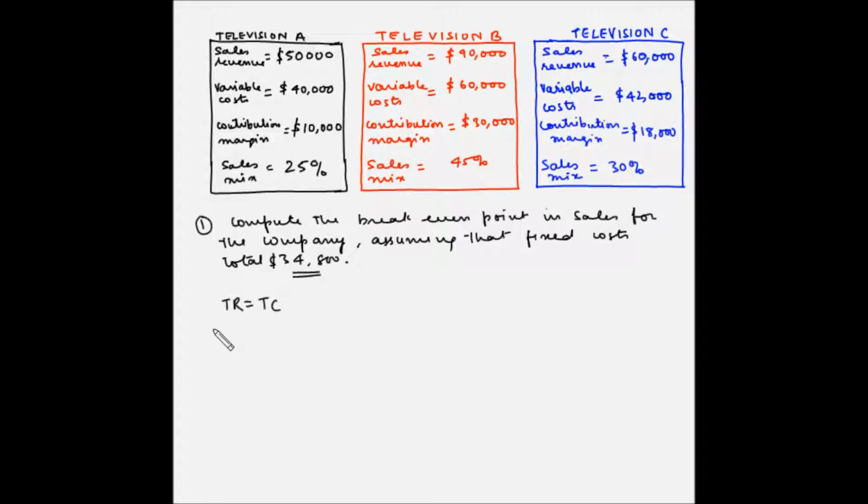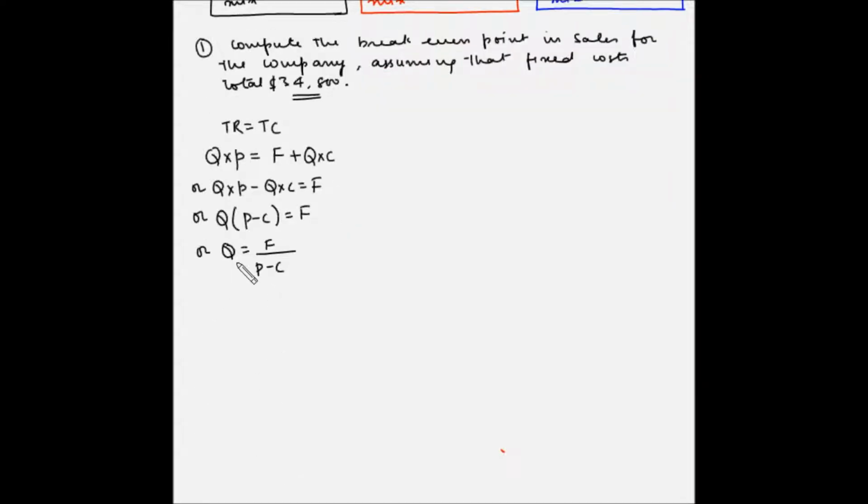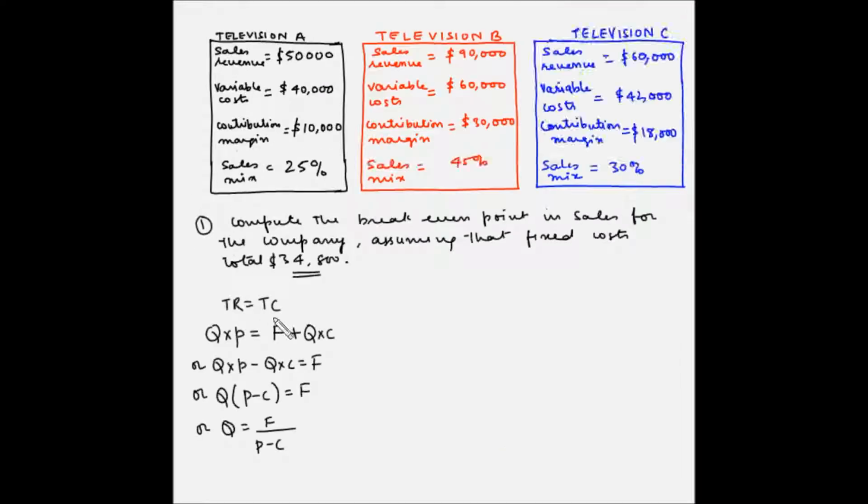Now total revenue is quantity multiplied by the unit selling price, and total cost is fixed cost plus the variable cost, which is quantity multiplied by the unit variable cost, or Q multiplied by P minus Q multiplied by C is equal to F, or Q into bracket P minus C is equal to F, or Q is equal to F divided by P minus C. So this is the quantity at which the total revenue will be equal to the total cost.